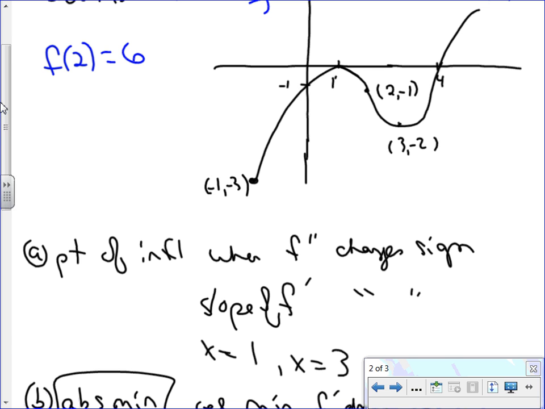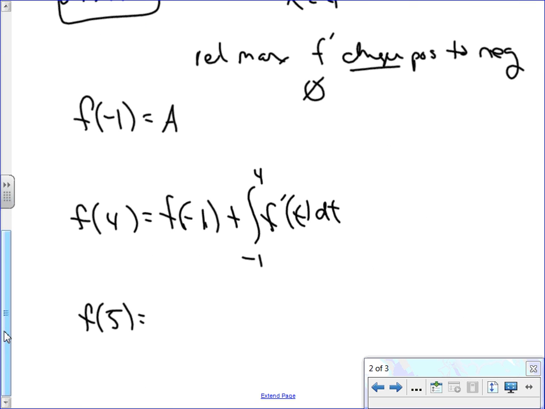What's going to be true of the value of the definite integral? It's negative. So, A plus some negative number. Yes? So therefore, what must be true? If I start somewhere and then I add a negative number to it, which way am I going? That means that f of 4 must be less than f of negative 1.